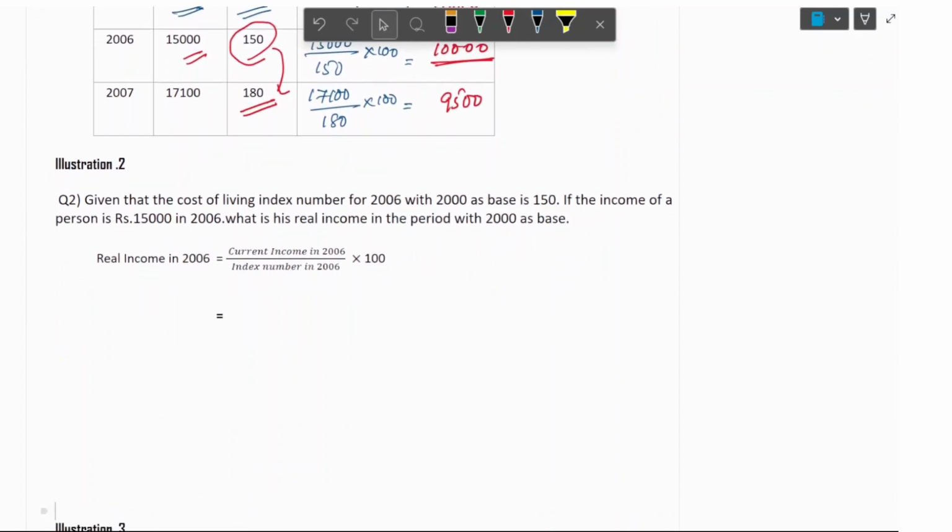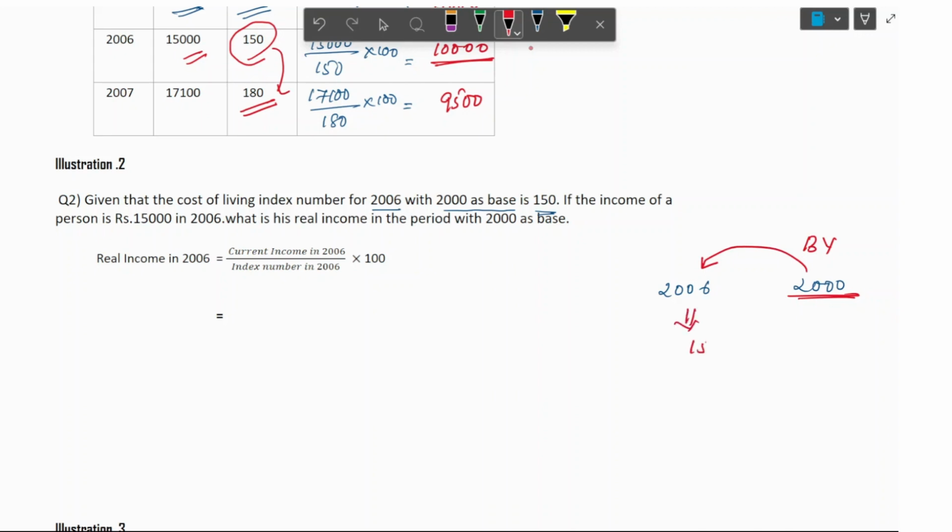Question number 2. Given that cost of living index number for 2006 with base as 2000 is 150. That means you are comparing 2 years here. This is your base year 2000. You compare 2000 with 2006, and here what is given?